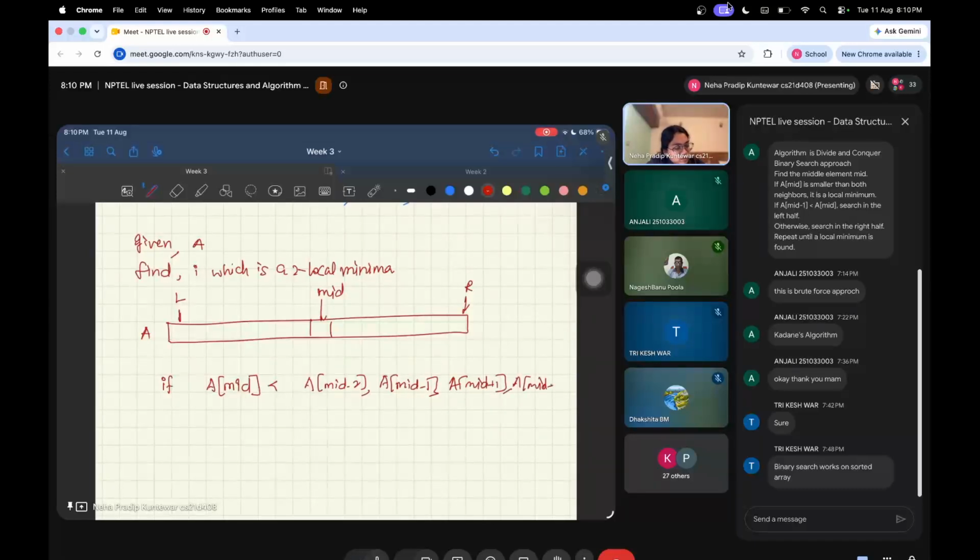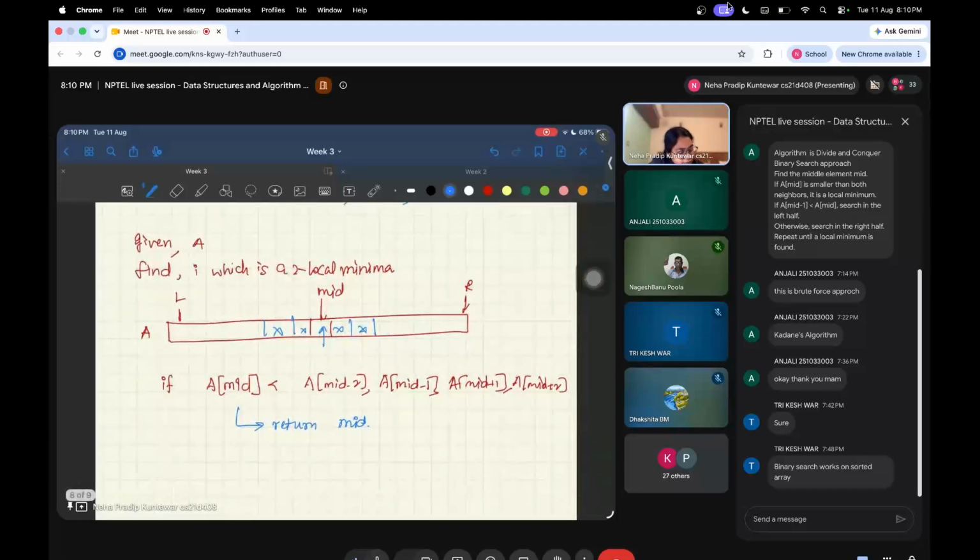So these four cells, if this is indeed smaller, then yes, we have found a local 2 minima.